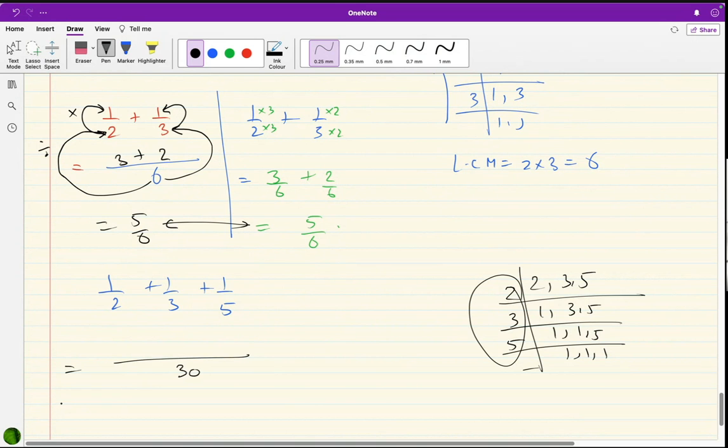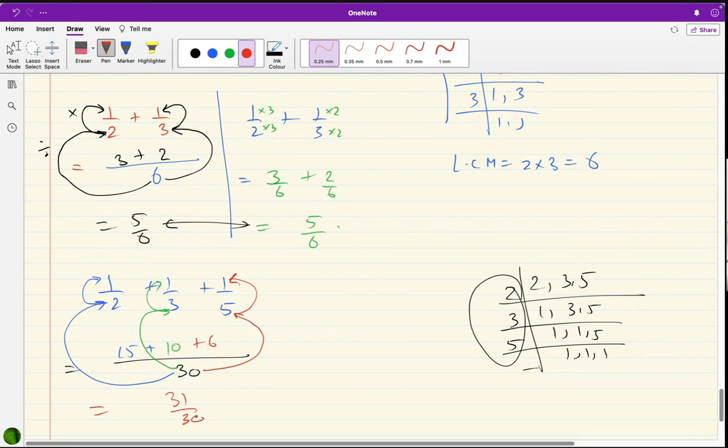If I write 30 here, 30 divided by 2 is 15, 15 into 1 is 15. Then 30 divided by 3 is 10, 10 into 1 is 10. Then 30 divided by 5 is 6, 6 into 1 is 6. So 10 plus 15 is 25, plus 6 is 31 by 30.